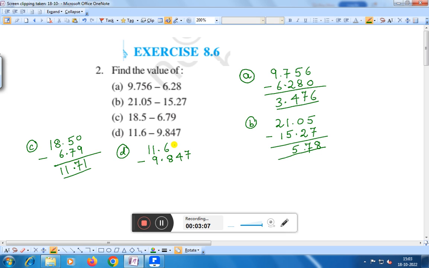You can write 0 after the point, there is no value so we write 0. 7, that is 3, carry 1, 4 plus 1 is 5, 10 minus 5 is 5, carry 1, 8 plus 1 is 9, 9, 7 16, carry 1, 9 1 10, 11 1. This is 1.753, the answer of question number D.